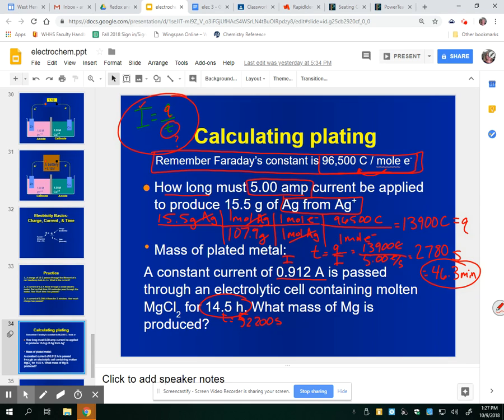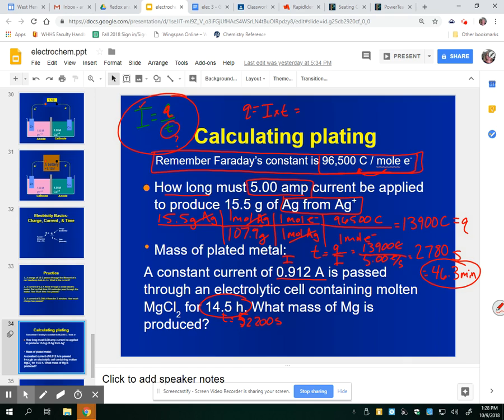Doesn't look like one, but there it is. Okay, and they're asking for the mass of the magnesium that is produced. So in this case, if I have my amps and my time, I can calculate Q. Q is equal to amps times time.